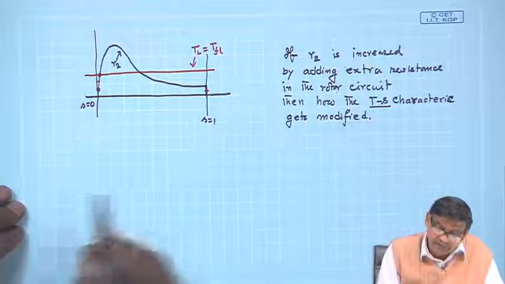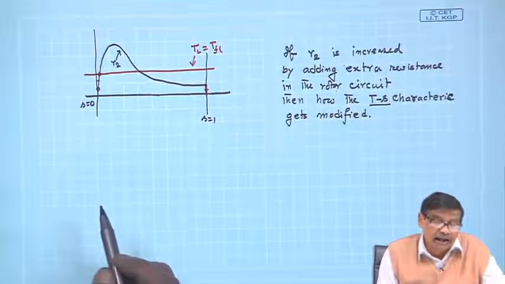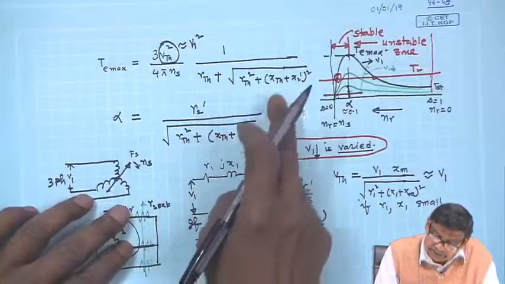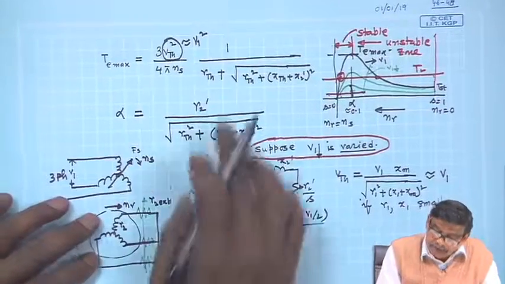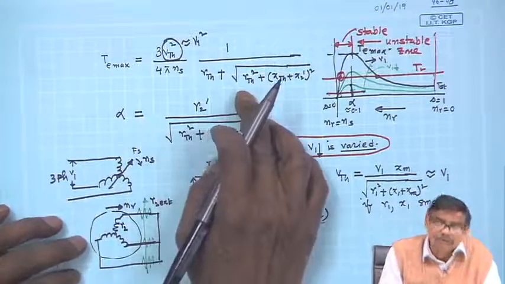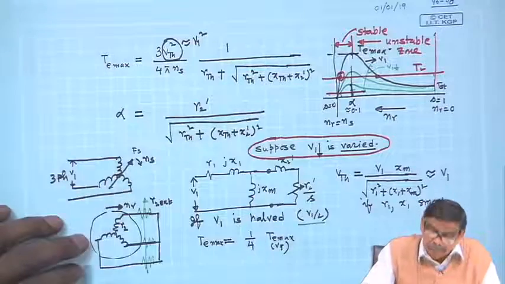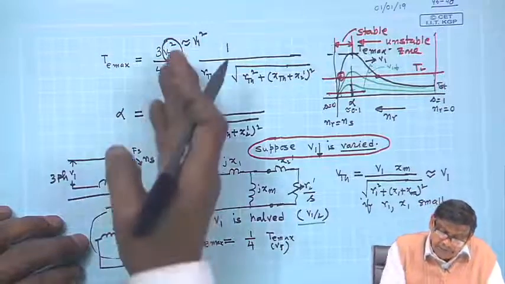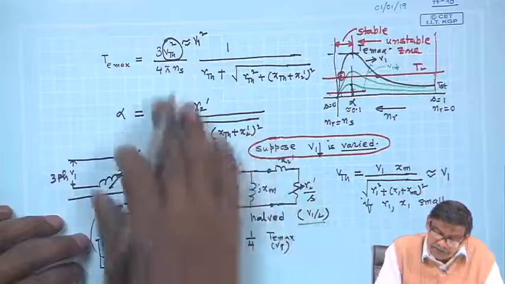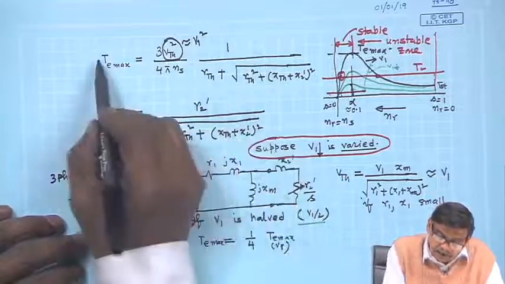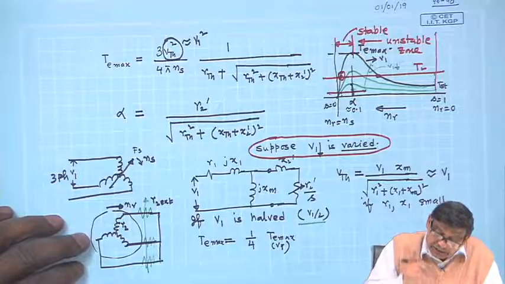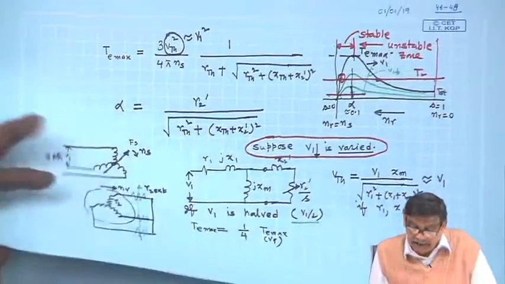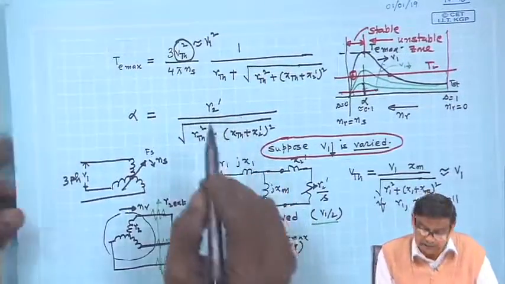Now, the value of this slip T max, if you look at the expression, does it depend on R2? No. R Thevenin has to do something with R1 and Xm. V Thevenin is the supply voltage, constant, there is no R2 dashed. So, T max value is not going to change. What is going to change is the slip at which maximum torque occurs.